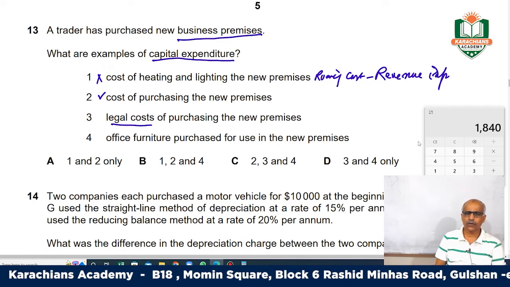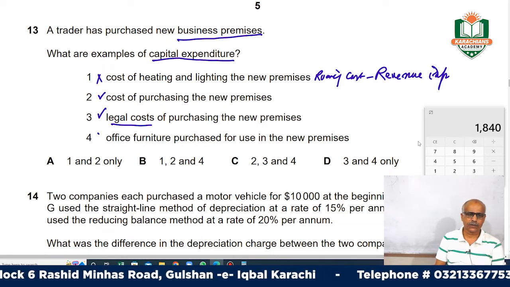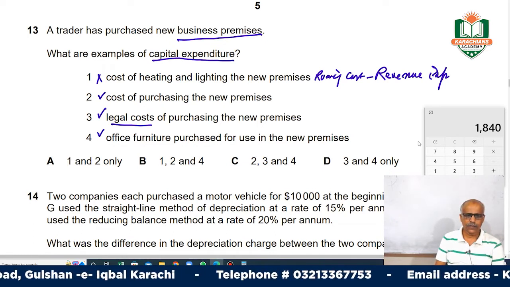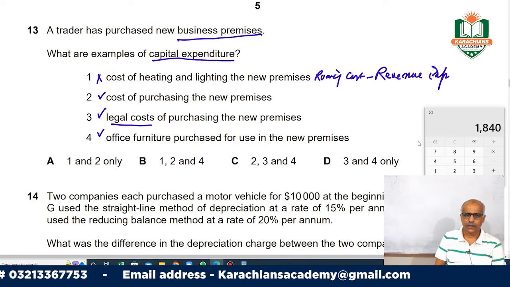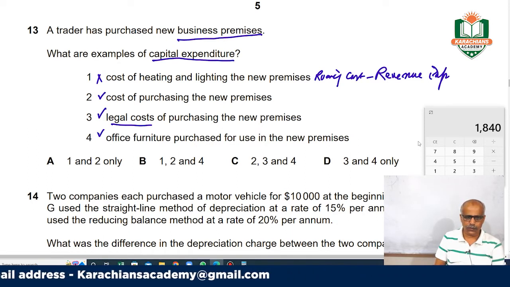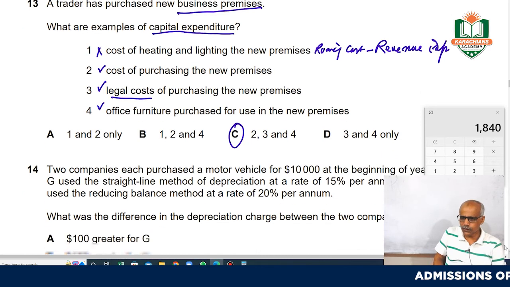So legal cost is capital expenditure. Office furniture purchased for use in the premises is also capital expenditure. So 2, 3 and 4 are capital expenditure, and this one is wrong. The answer to 13 is C. Move on to question number 14.